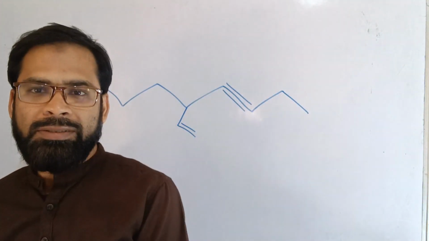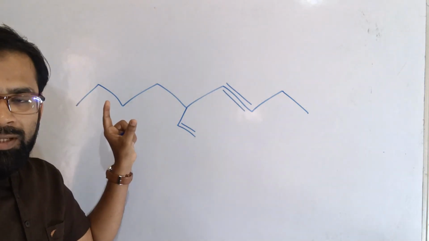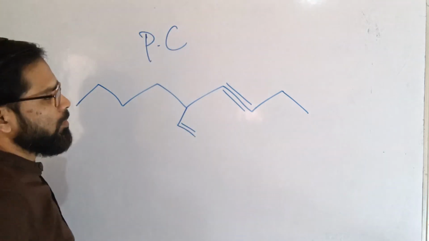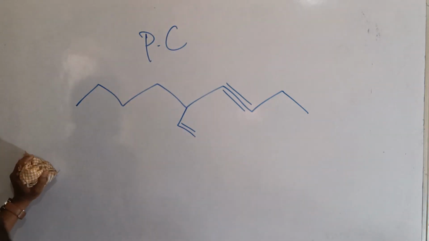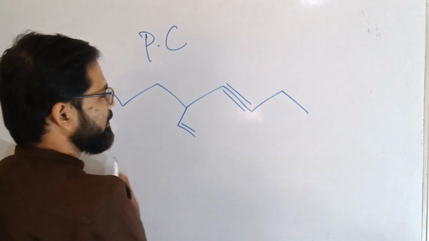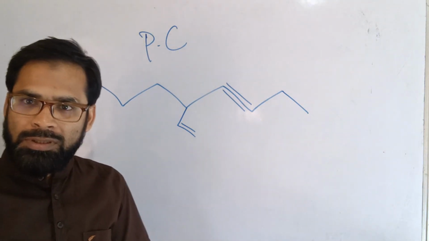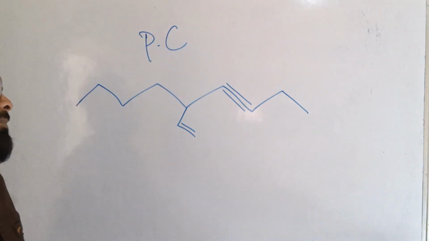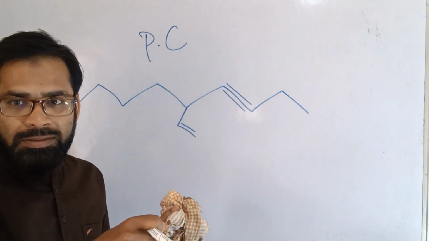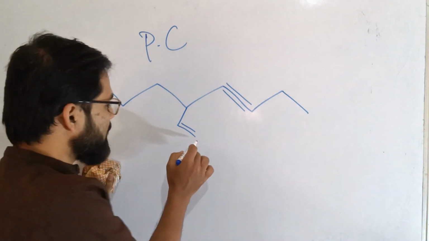First thing you have to identify is the longest chain, that is the principal chain. If we start from here, 1, 2, 3, 4, 5, 6, 7. Is there any other option to get the principal chain? No, there is no other option. Why? Because the double bond and triple bond will be part of the principal chain. We can't ignore them because both are functional groups. So this will be the principal chain.